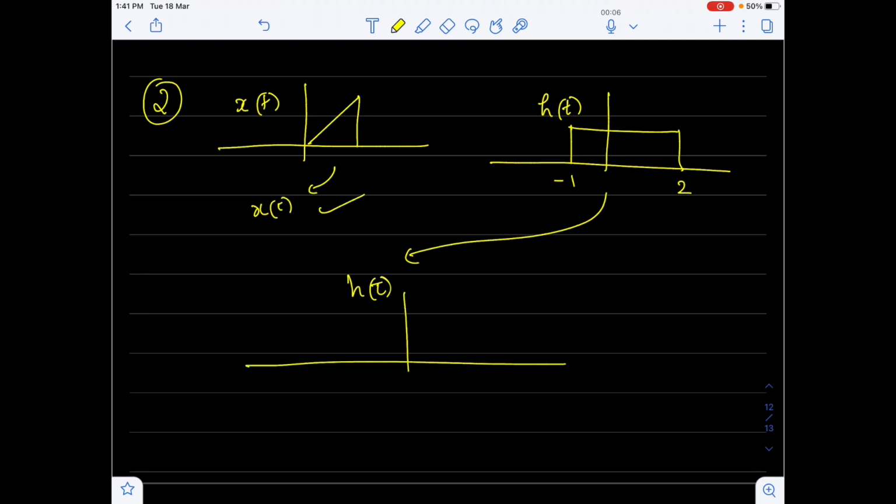How to do it? Just replace the t with tau. So this is the graph, minus 1, 2, and here it is 0. Then you find h of minus tau. How to do it? Just simple. I will show in the next line.